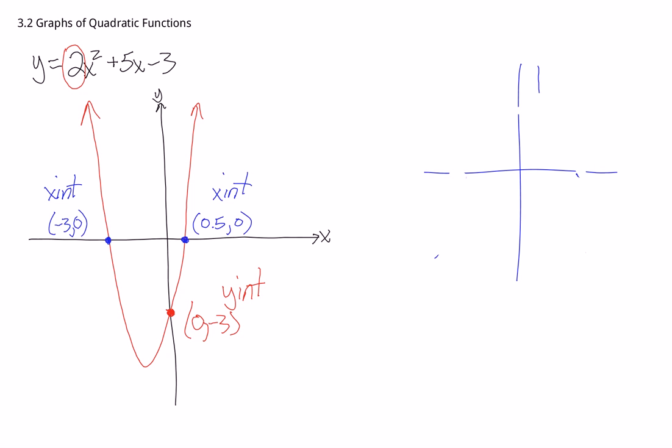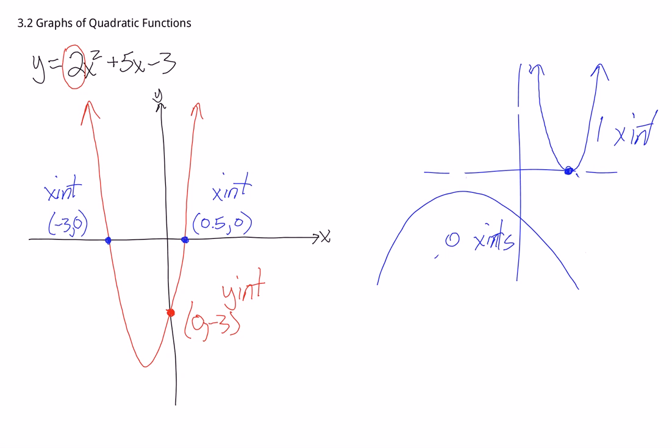For example, if we had a graph that looked something like that, it only touches the x-axis in 1 spot, so we'd have 1 x-intercept. Or it's possible that we get a graph that never touches the x-axis, so in this case we have 0 x-intercepts. This one has 1, or like the one on the left here has 2. So just be aware that sometimes you might get 0 or 1, depending on the question.